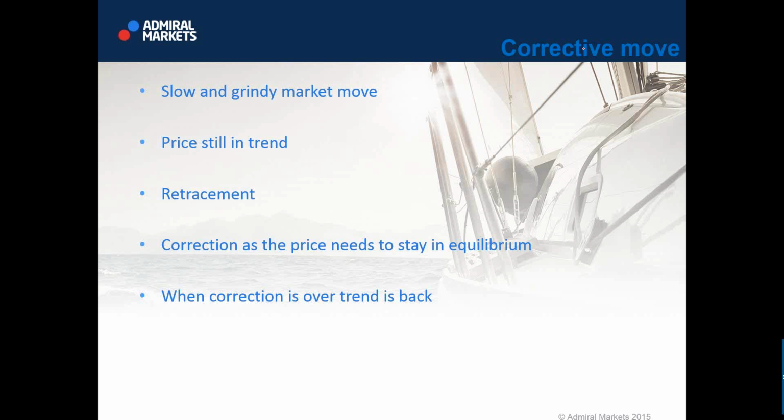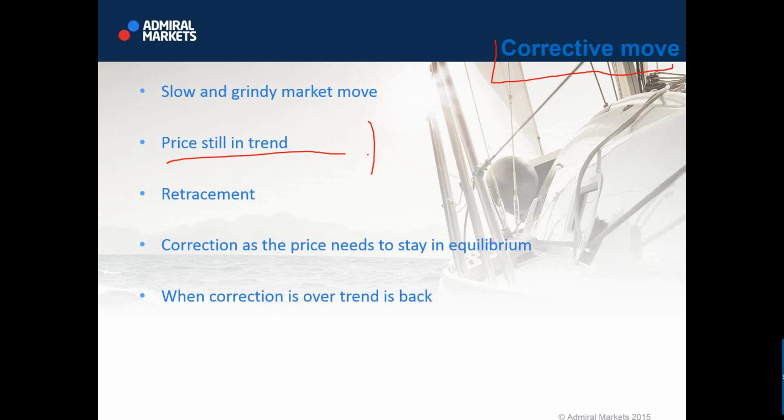Corrective moves. Corrective moves are usually slow and grindy market moves. It means that price is usually still in a trend, but do not forget, corrective moves happen during the trend. A corrective move does not necessarily mean that there will be a reversal.